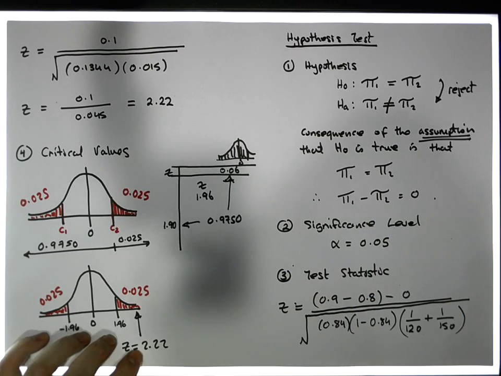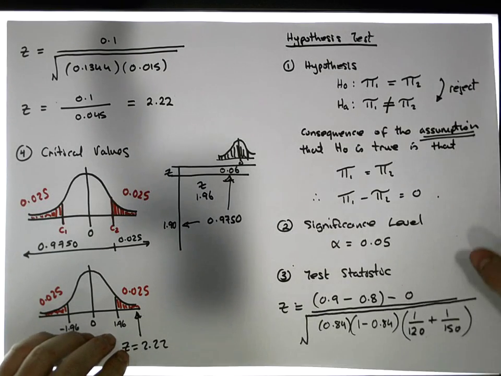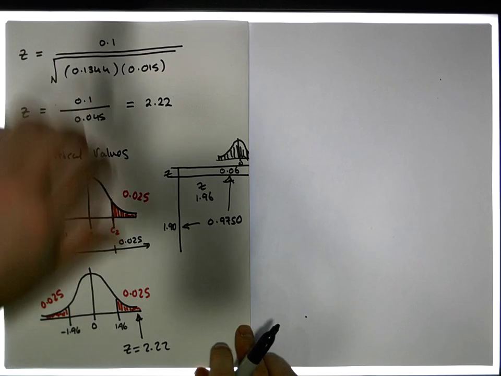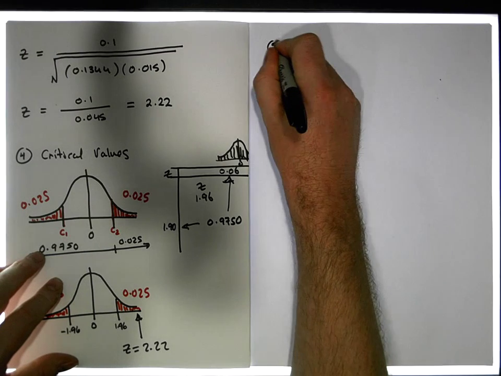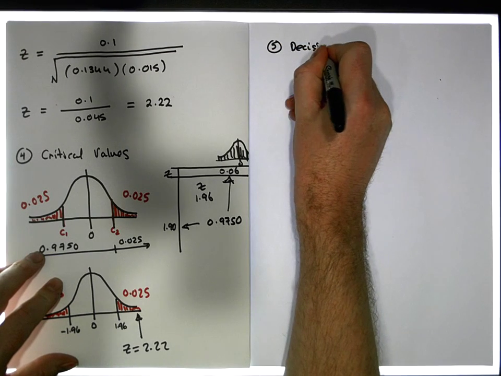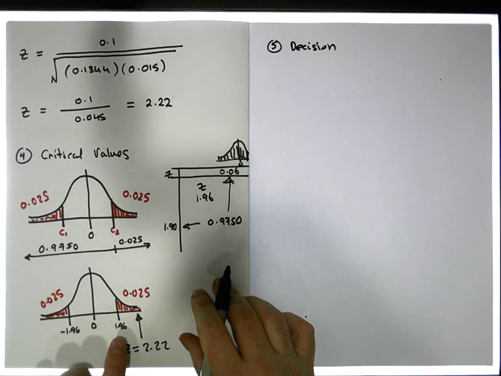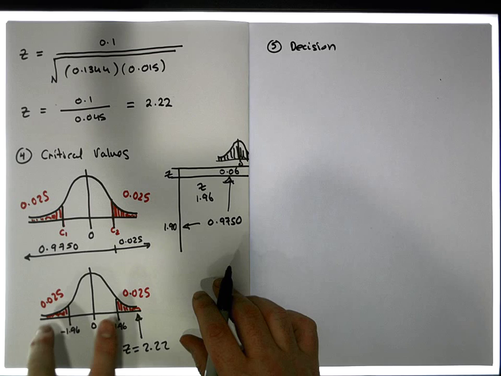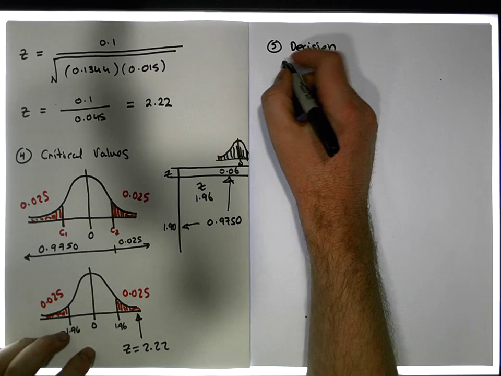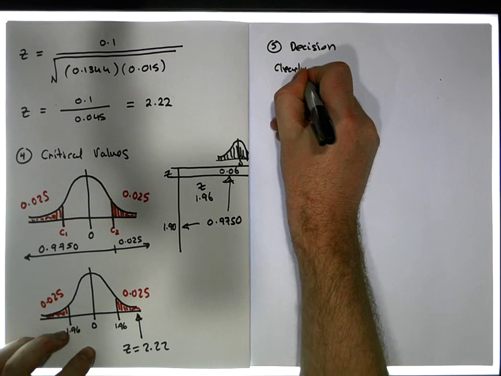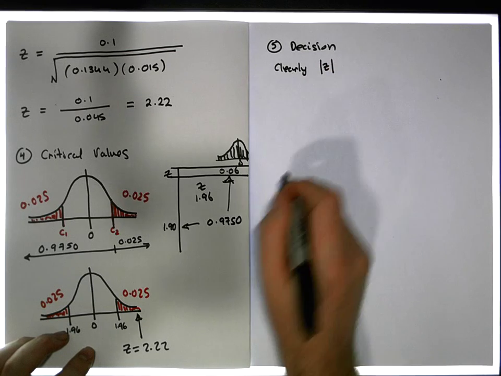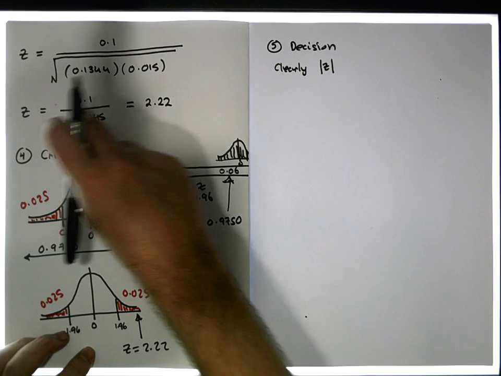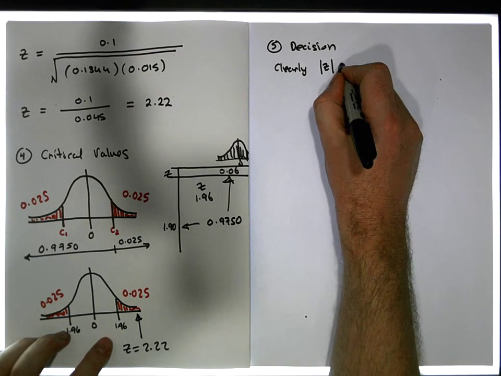So let's write up our decision, step 5 in our test. And in this case, because it's a two-tailed test, I'm just going to throw away the signs, because if this was over here, I'd still reject. I'm looking at the absolute value. So clearly, the absolute value of my z-statistic, how far my evidence is away from the null position, is bigger than the absolute value of my critical value.